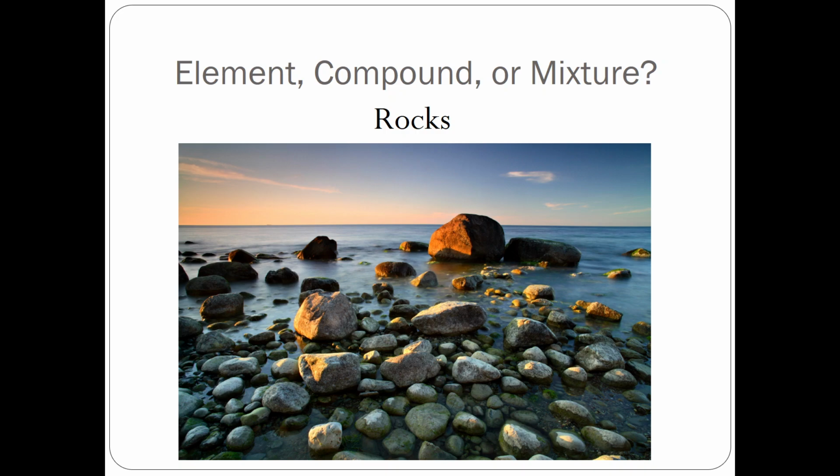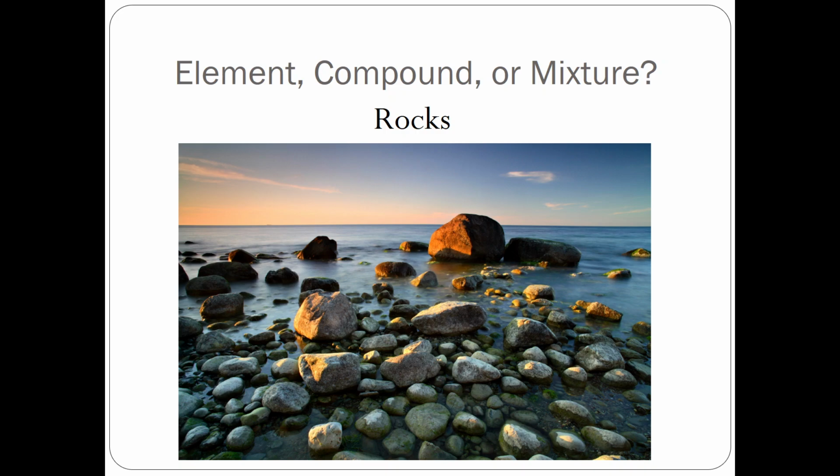Rocks. Is that an element, compound, or mixture? It's an element. Is it a compound? Mixture. So remember, compounds all have the same properties. When something is chemically bonded together, they all have the same properties, such as color.